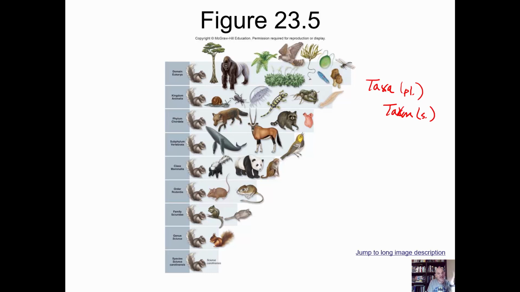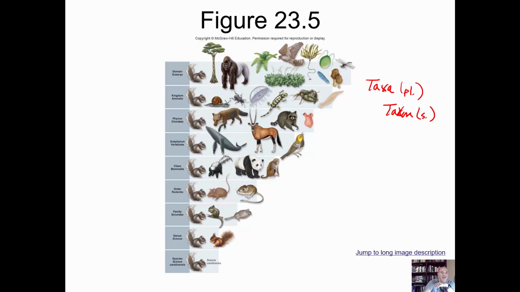So you're going to be learning many taxa, and you should know what rank they're at. Is this taxon a kingdom? Is it a phylum? And also, we're not just going to learn them to memorize them for the sake of it. The idea is to connect to their phylogeny, looking at evolutionary relationships in these organisms, with a full understanding that some names may change as we learn more.